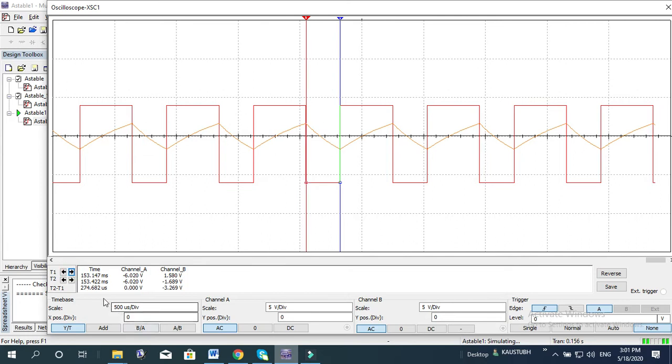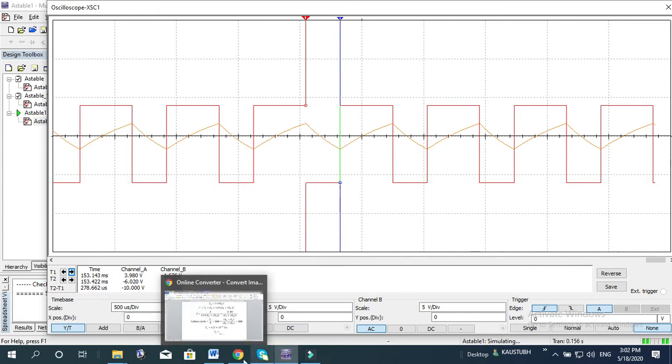So off time you see 274.682, so let it be 278 microsecond.